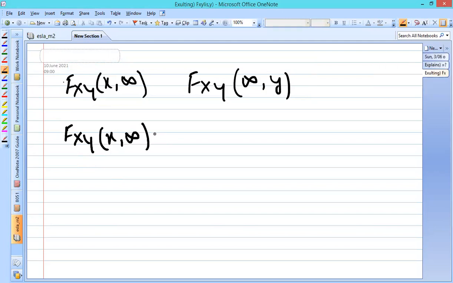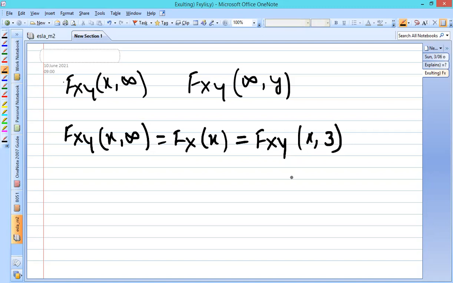So here Fxy of x comma infinity can be written as the marginal PDF Fx of x. Whenever y takes the value infinity, this all becomes Fx of x. So we need to calculate Fxy of x, where y is limited to the value 3 in this problem.